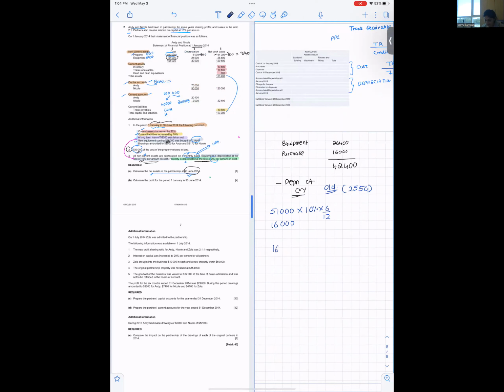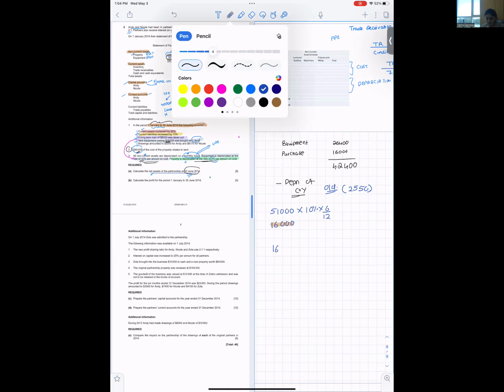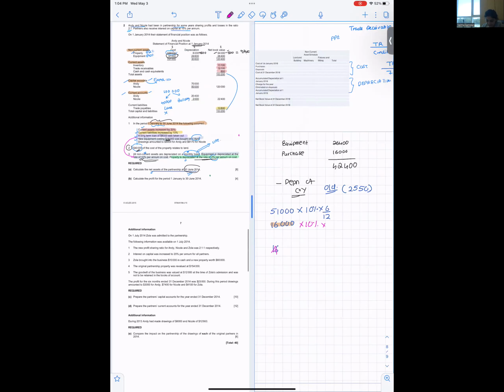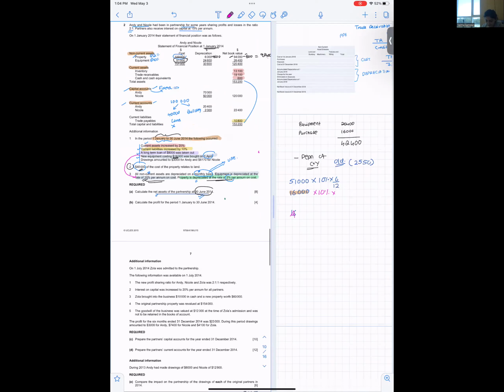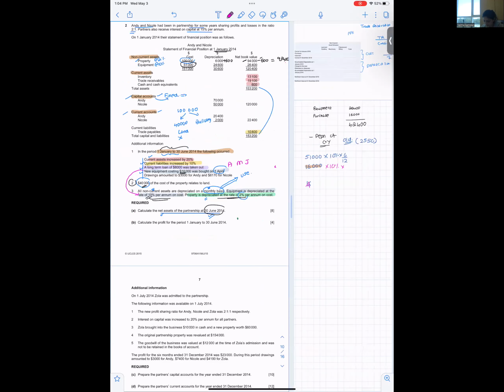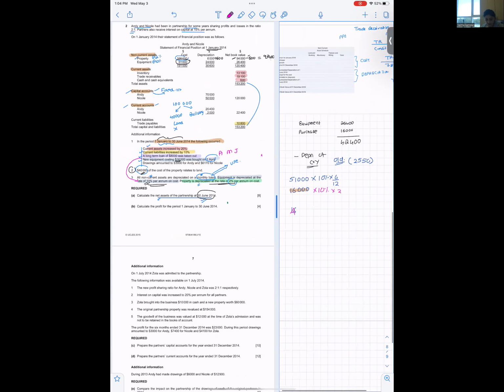And the new asset I have bought for 16,000. 16,000 into 10%, and I'm using it for April, May and June. So I'm using it for 3 months. So 1,600 divided by 4. So 400.